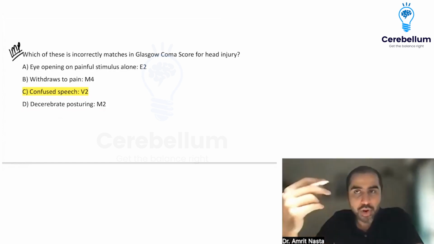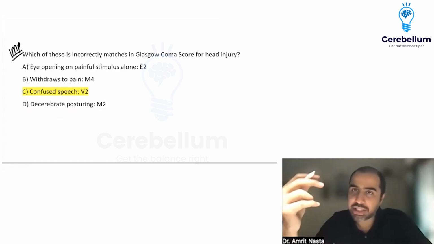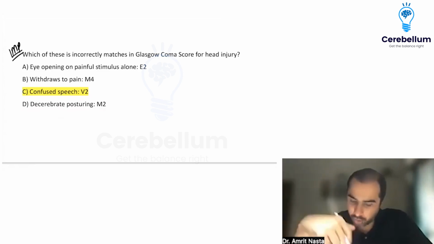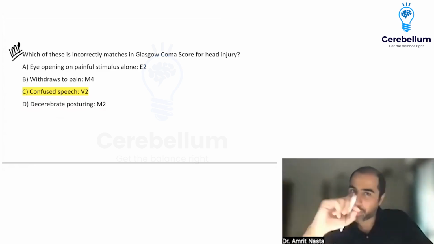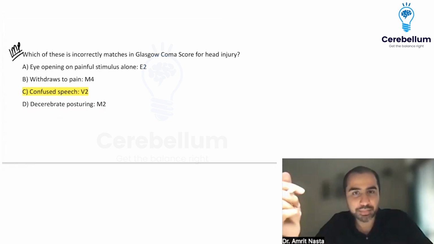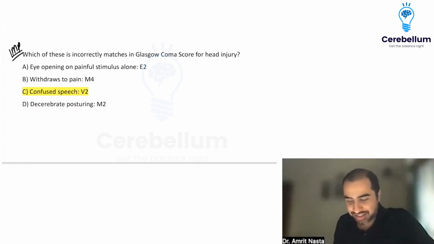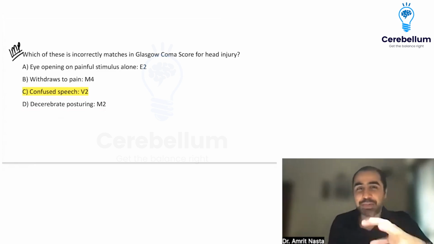If they don't want to ask you how to calculate GCS, they will ask you something a little twisted like this. Match the following. What is incorrect? It's a googly.